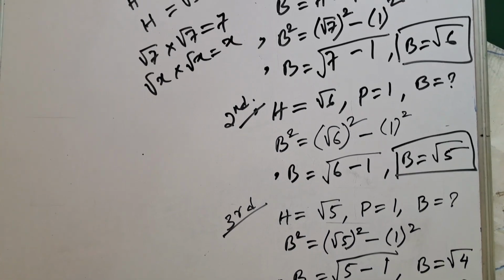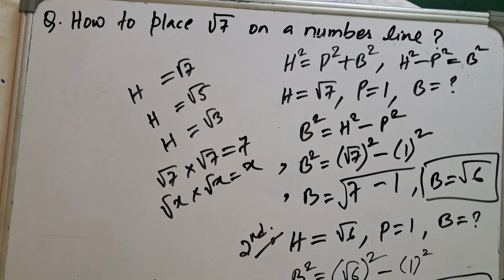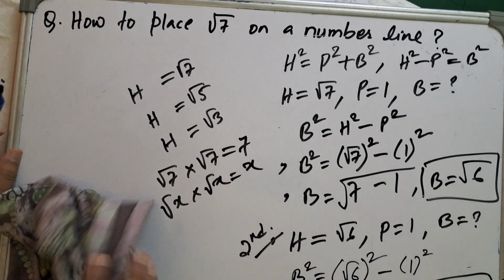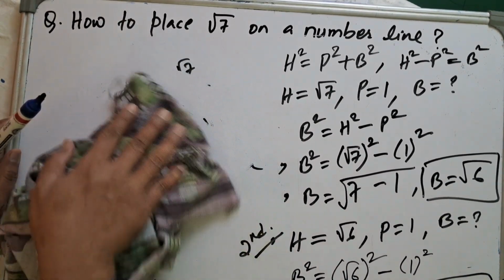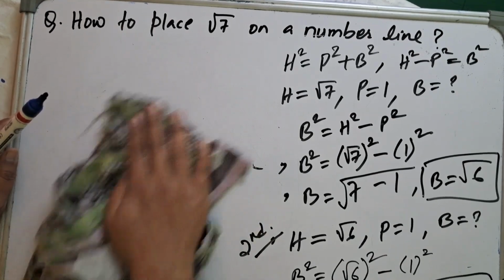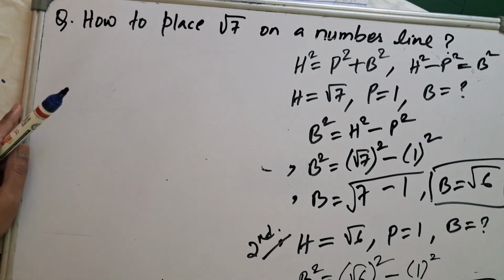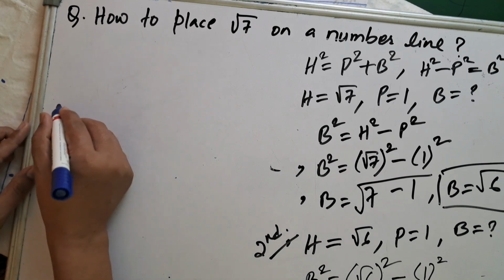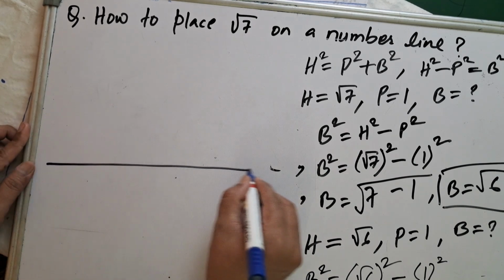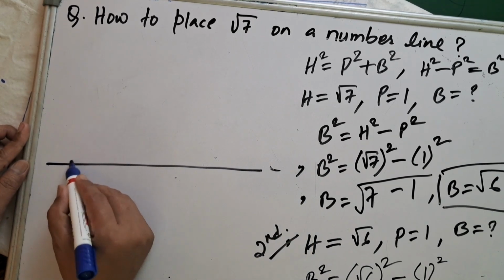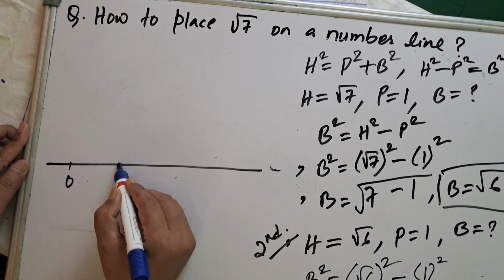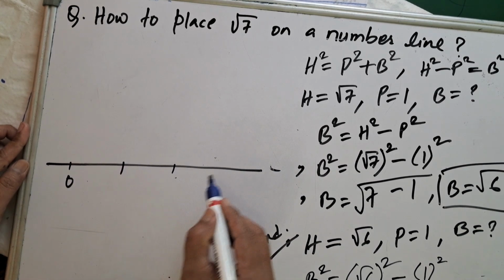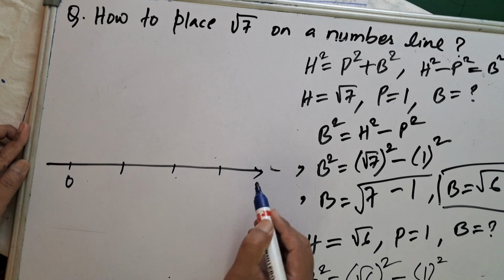Now let's place root 7 on a number line. Let me erase this. So this is 0, this is 1, this is 2, this is 3, and so on.